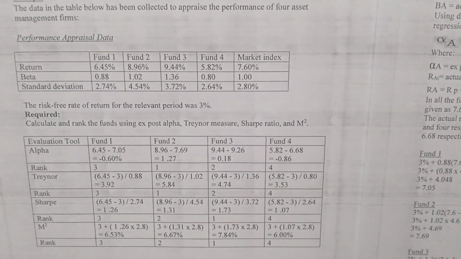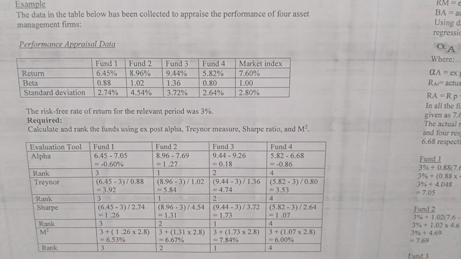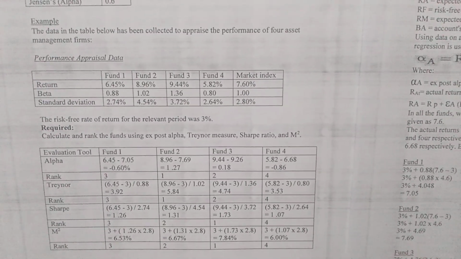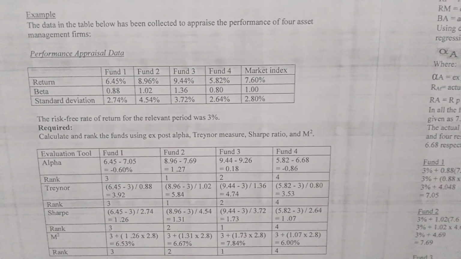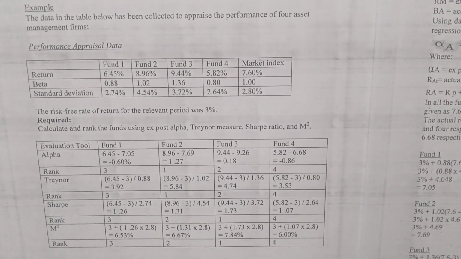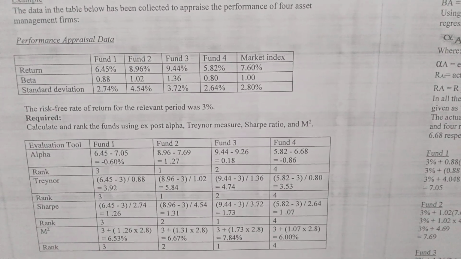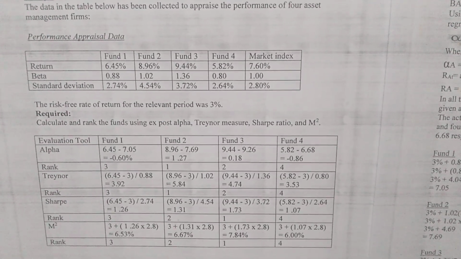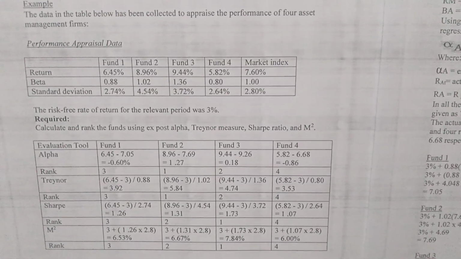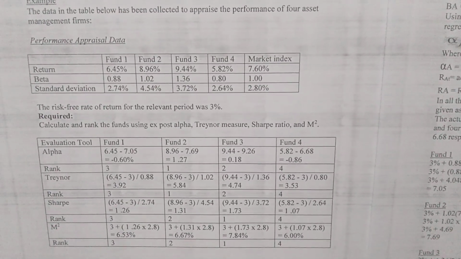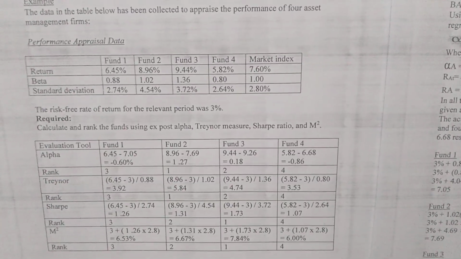I'll try as much as possible to avail more lessons relating to evaluation of portfolio performance. This video is ideal for students who are taking advanced financial management chapter 2, which is on portfolio theory and analysis.